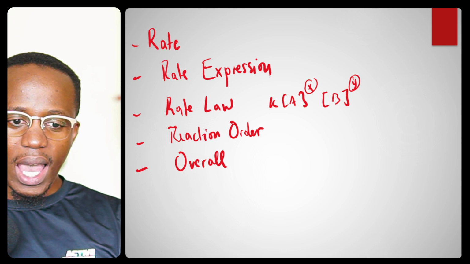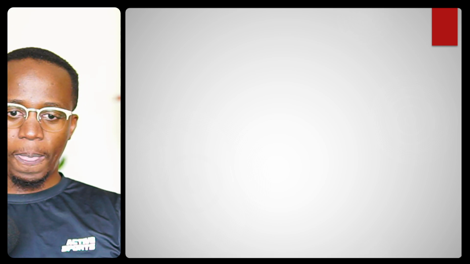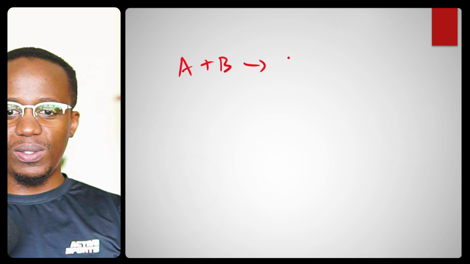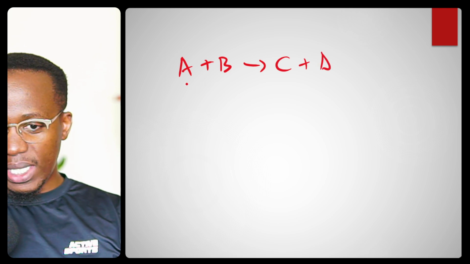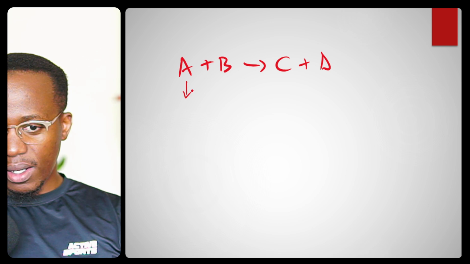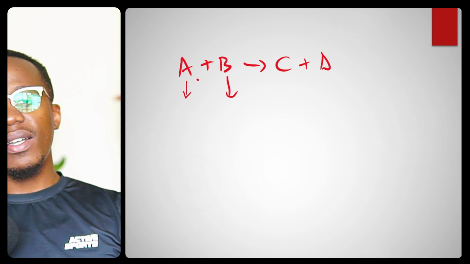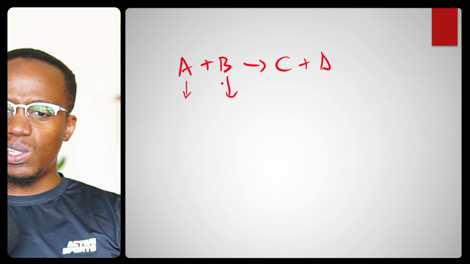It's because if I have a reaction A plus B is equal to C plus D, the rate of disappearing of A is not the same as the rate of disappearing of B. A might disappear really fast, B might disappear really slow.